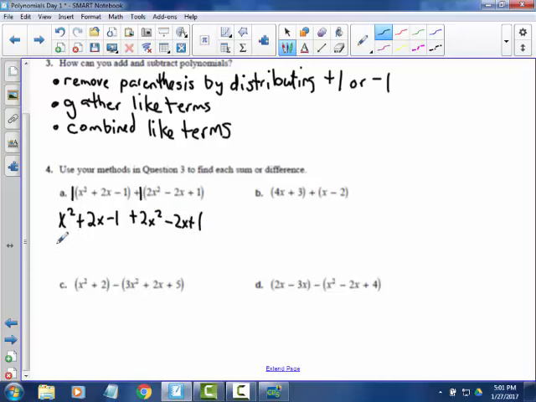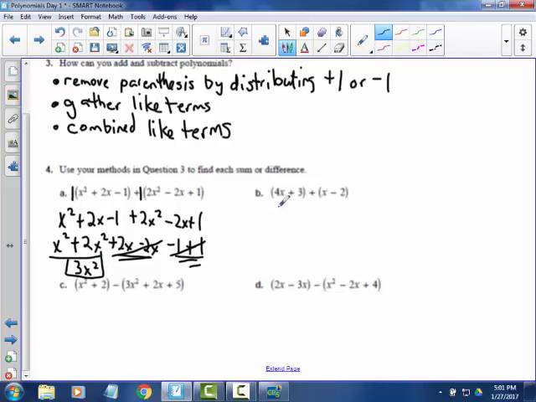We gather our like terms, so we have x squared plus 2x squared plus 2x minus 2x minus 1 plus 1. And then we combine our like terms, and we get 3x squared. That will be 0, and then that will also be 0. So we don't write those down. It's just 3x squared.